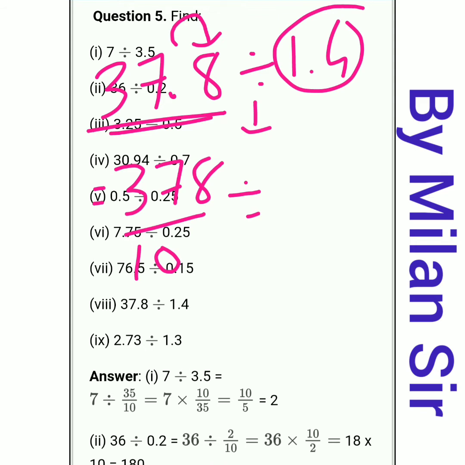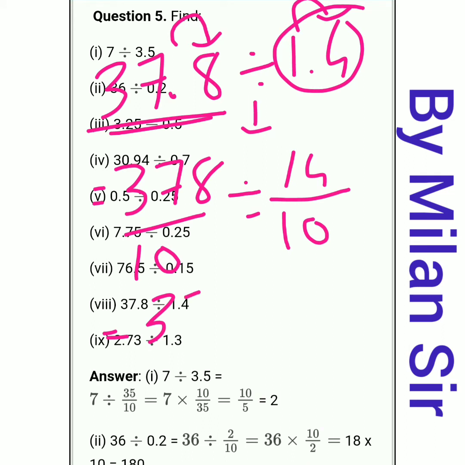So convert this second number into a fraction. 1.4, ignore the decimal point, it is 14. And after the decimal point we have only one digit, so in the denominator after 1 we put 0. Now we can convert this division process into multiplication.